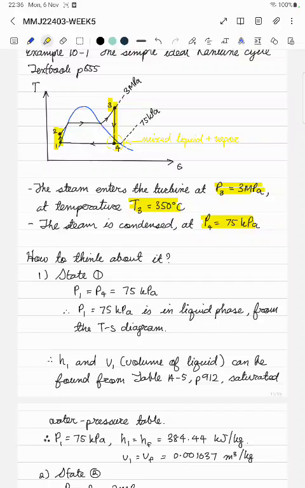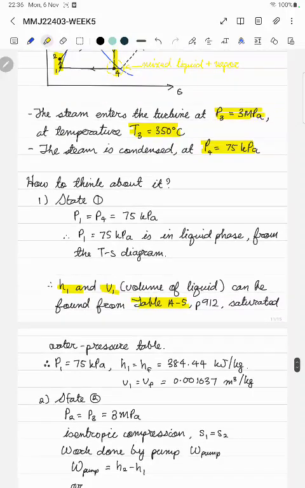So P1 is in liquid, so we have H1 and V1 that we can refer to from table A5. The table is the saturated water pressure table.